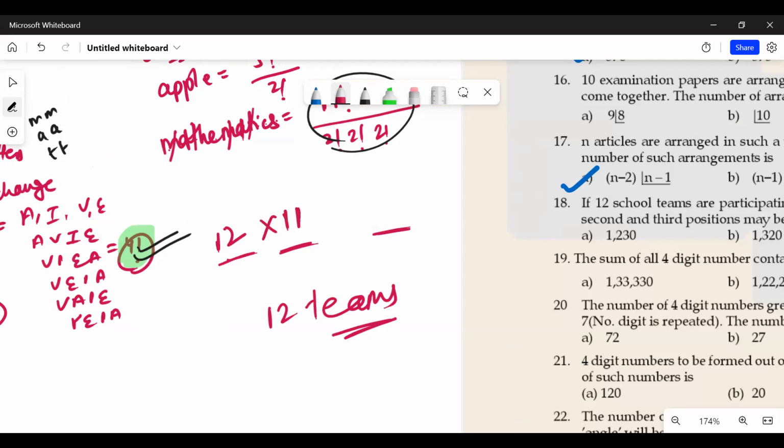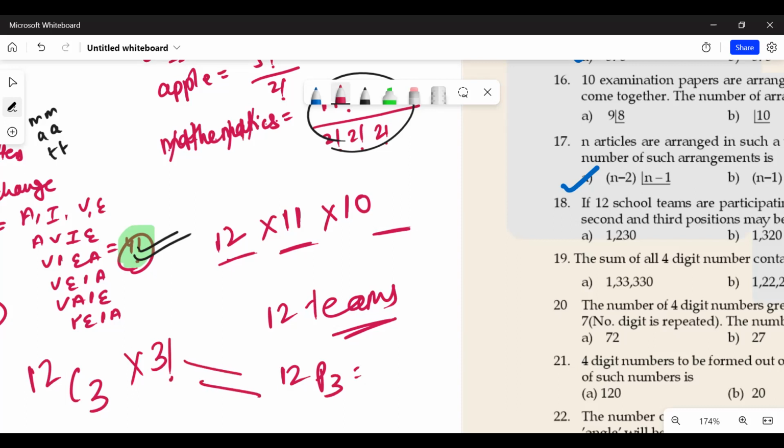Whoever got the first and second prize cannot get the third prize. This is nothing but 12P3. Or you choose any 3 teams out of the 12 teams, and those three teams will get the 3 prizes, first, second, and third. You will get the same answer either way. The answer is 1320.